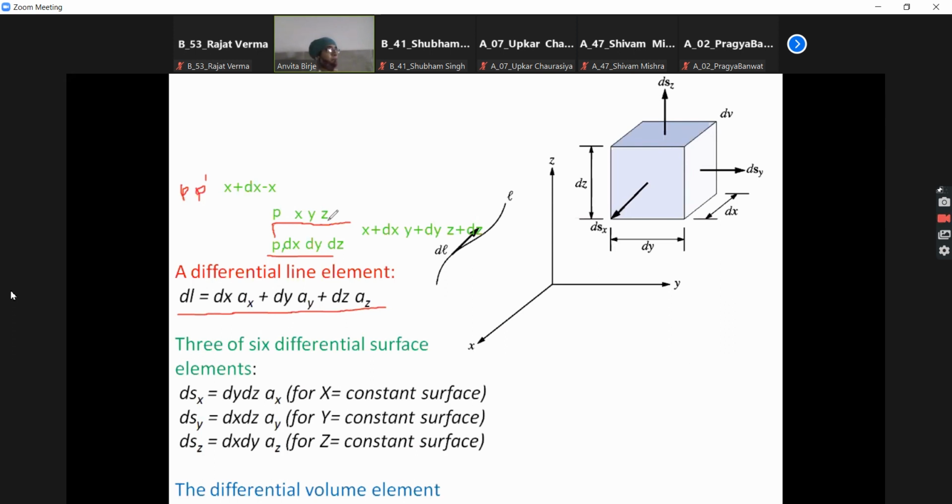So total मेरे पास कितने surfaces आ गए? 6. 3 P के लिए, 3 P dash के लिए. So इन तीनों को कनेक्ट करके मेरे पास ये ऐसा एक वॉल्यूम रेडी होता है जिसको बोलते हैं डिफरेंशियल वॉल्यूम. I hope it is clear to everyone.